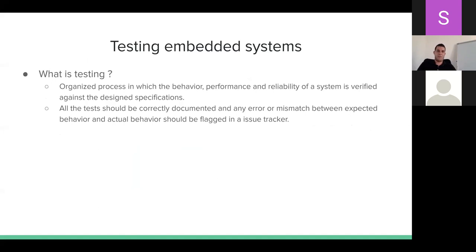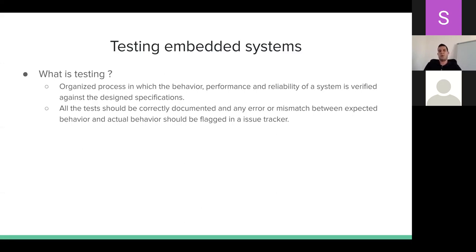Testing embedded systems. What is testing? Testing is an organized process in which the behavior, performance, and reliability of a system is verified against the design specifications. So any embedded system that is created has some documents which are named specifications. These documents contain the hardware specification, software design specifications, testing specification, and so on.